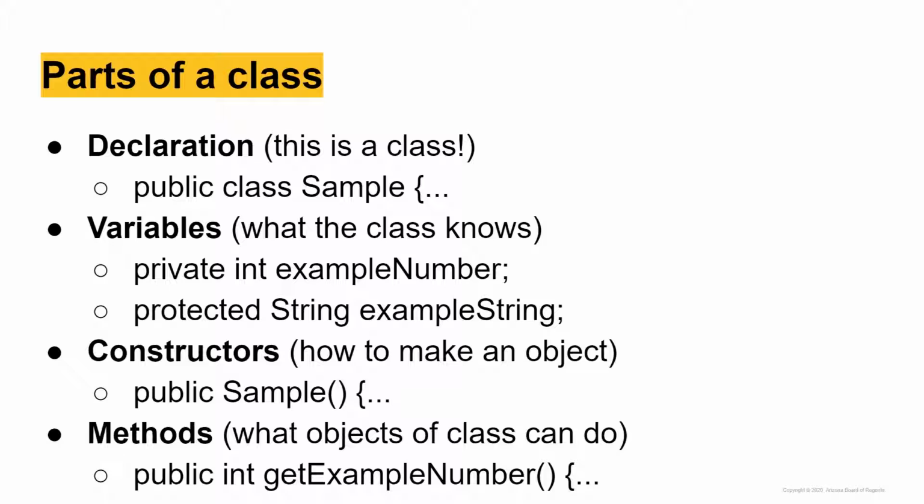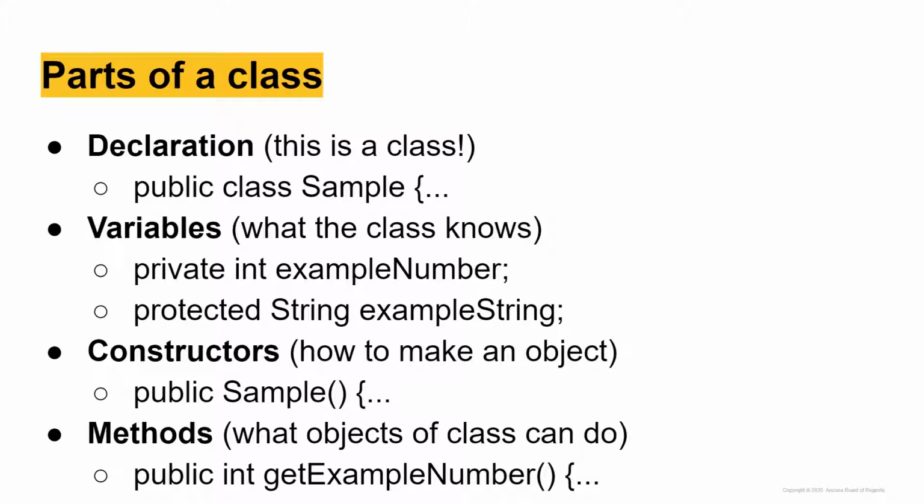And then the third type, the most restricting type, is private, and that means that private variables are completely inaccessible to anything outside of the current class. So those are the differences there in variables.